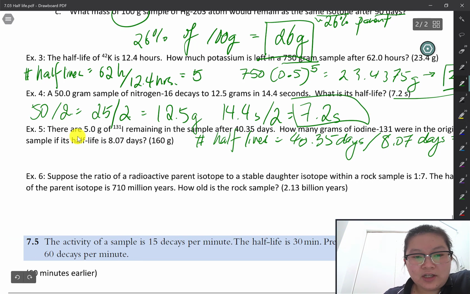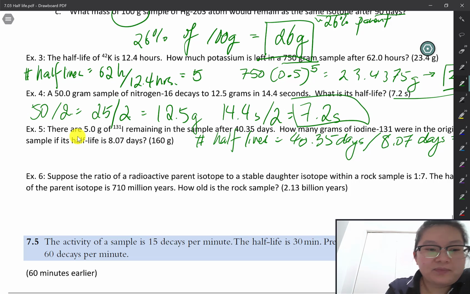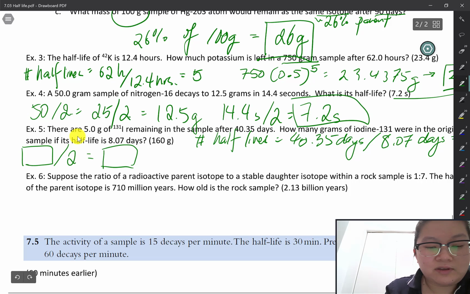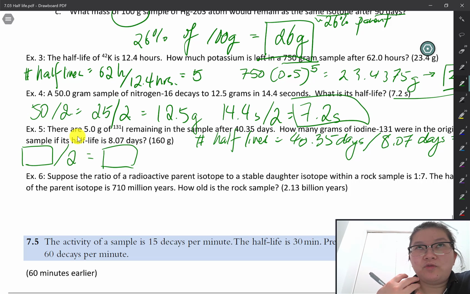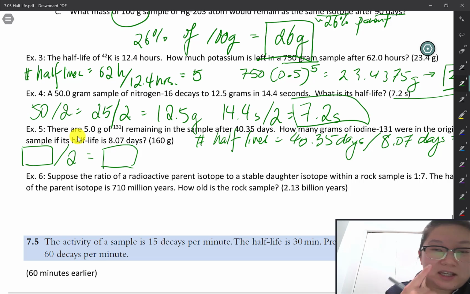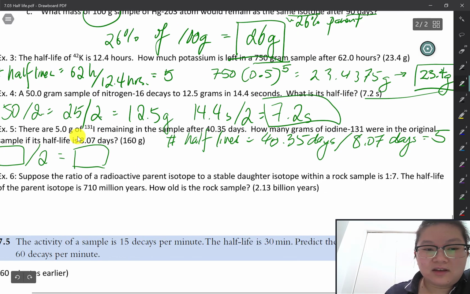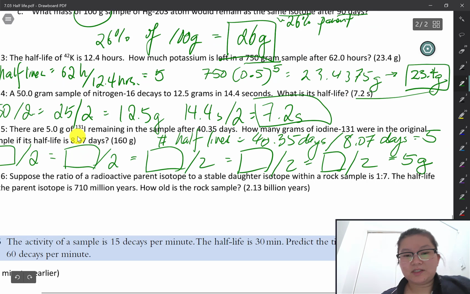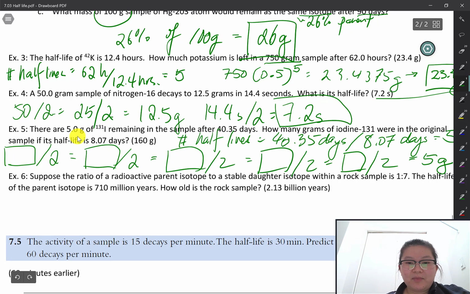So, essentially, if you think of it this way, this is the original sample. The original sample divided by 2, 5 times is going to give us 5 grams. This is the dragged out long way of showing you this.